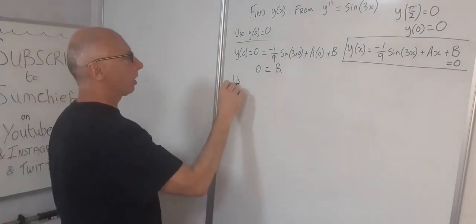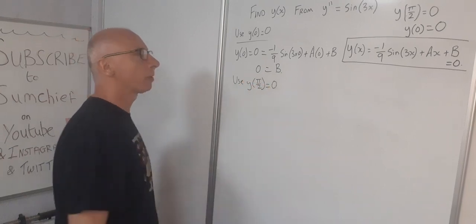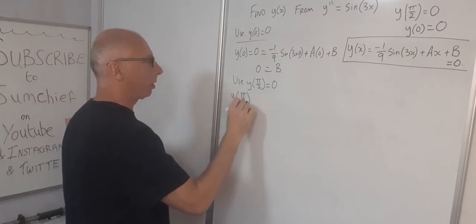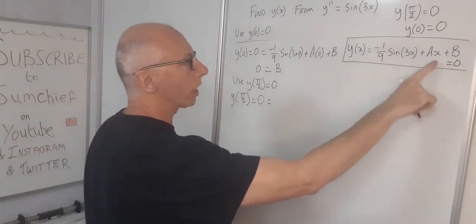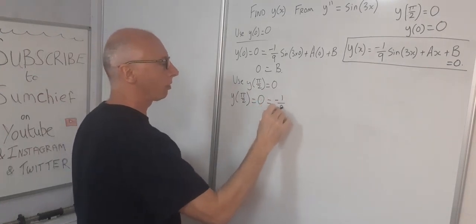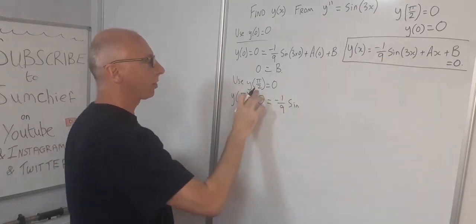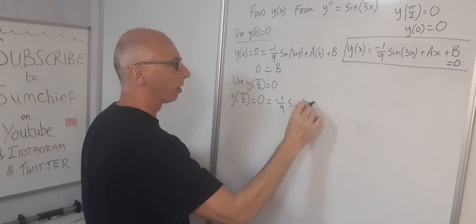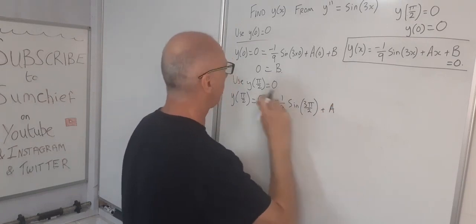So using y of pi over 2 equals 0, I'm going to use this equation here with x being pi over 2. So minus 1 over 9 sine of 3x, which gives us 3 pi over 2, plus ax, so plus a pi over 2.